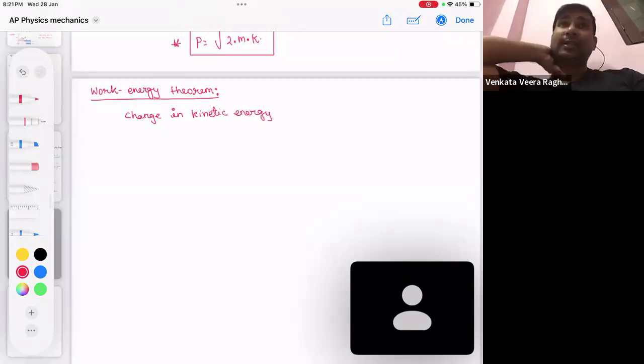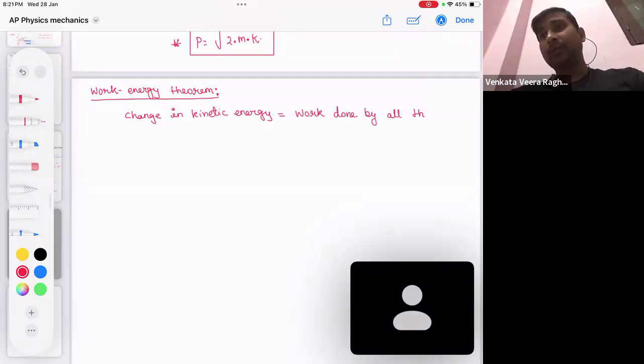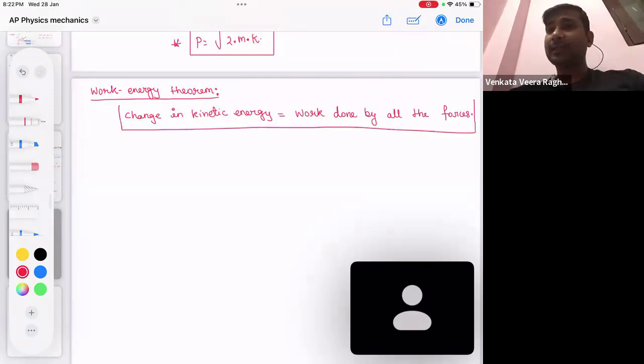We have used it many times in electrostatics. So, change in kinetic energy is equal to work done by all the forces.